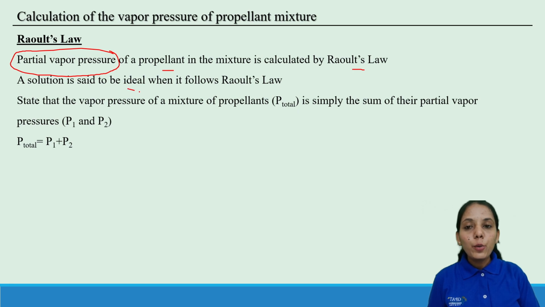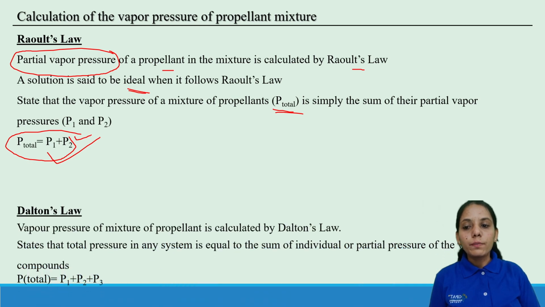A solution is said to be ideal when it follows Raoult's law. It states that the vapor pressure of a mixture of propellants is simply the sum of their partial vapor pressures, that is P1 plus P2. P1 is the partial vapor pressure of the first propellant, P2 is the partial vapor pressure of the second propellant. So this is according to Raoult's law.